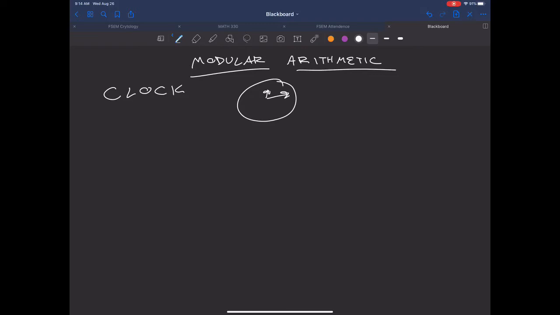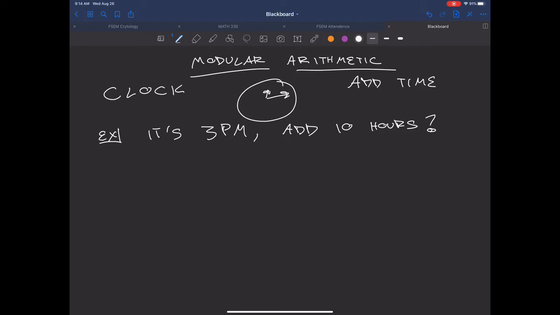And what does it look like to add time? All right, so start off with an example. Let's say that it is 3 p.m. and we want to know what time is it if I add 10 hours. Okay.